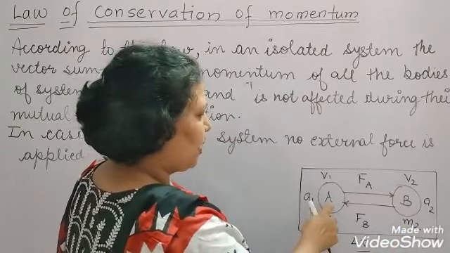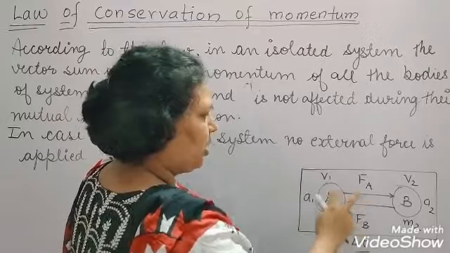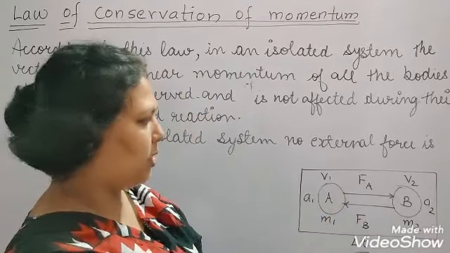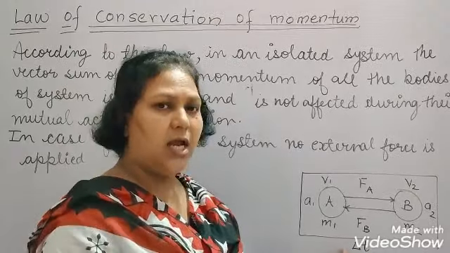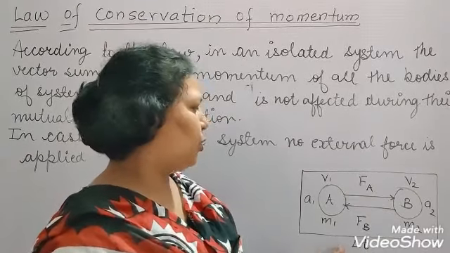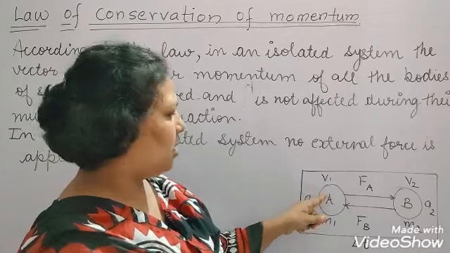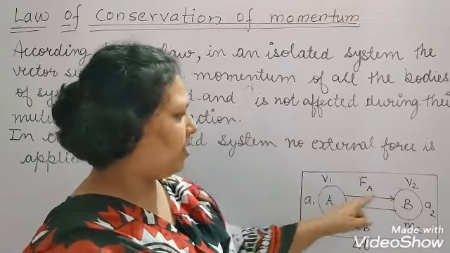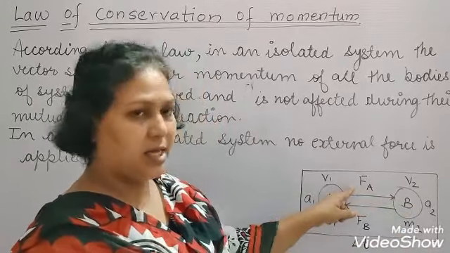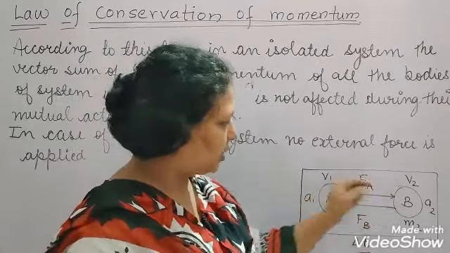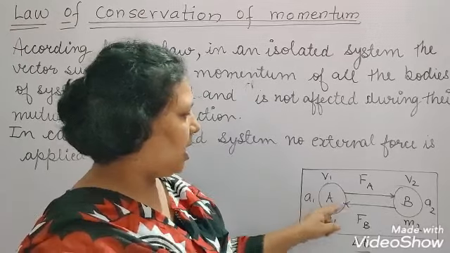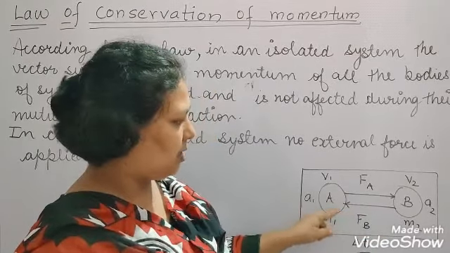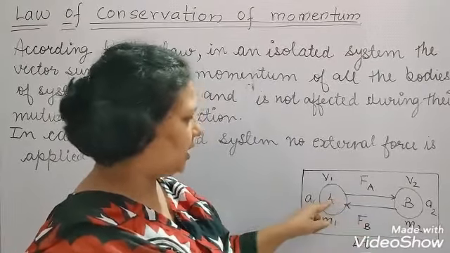Both the bodies are applying force on each other. Maybe they are colliding with each other for an instant del t time. Body A is applying force on B, written as Fa in this direction, and body B is applying force on A, indicated here with Fb, in this direction.